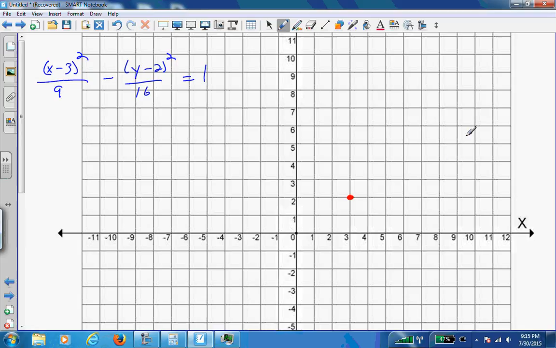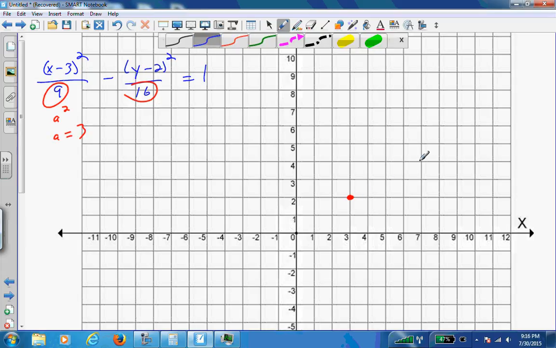And what we're going to do to get our asymptotes is we're going to sketch a box. And these numbers will help us determine that box. So if this is our a squared, a is 3. So we're going to go 3 units to the right, 3 units to the left, because that's in the x direction.